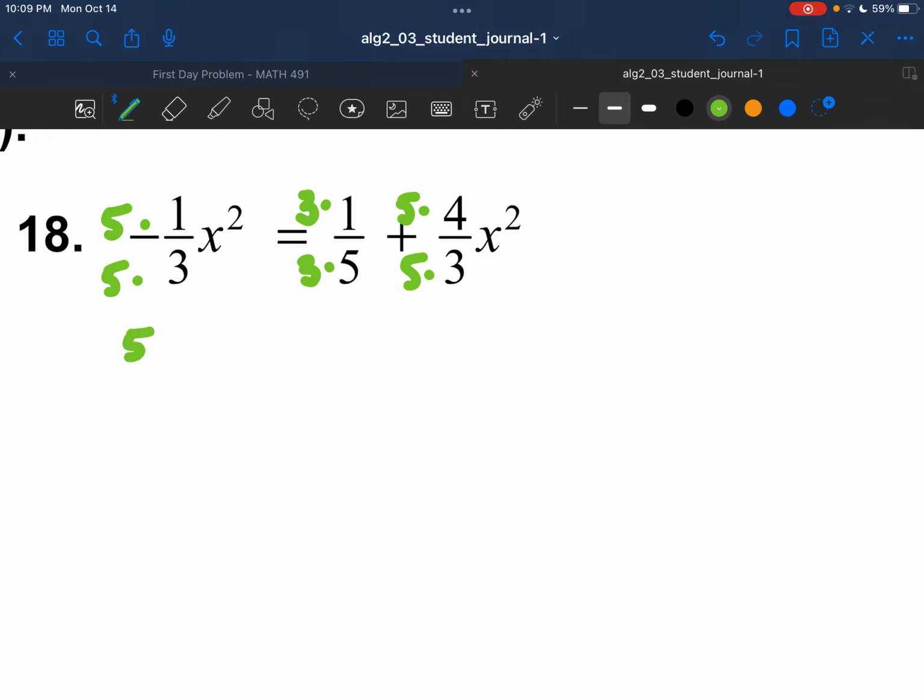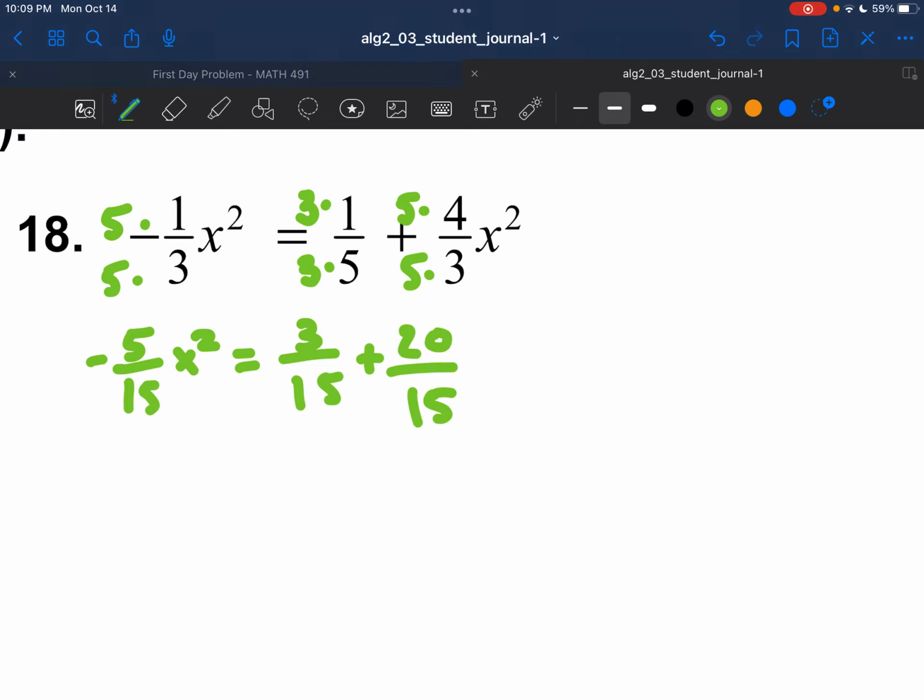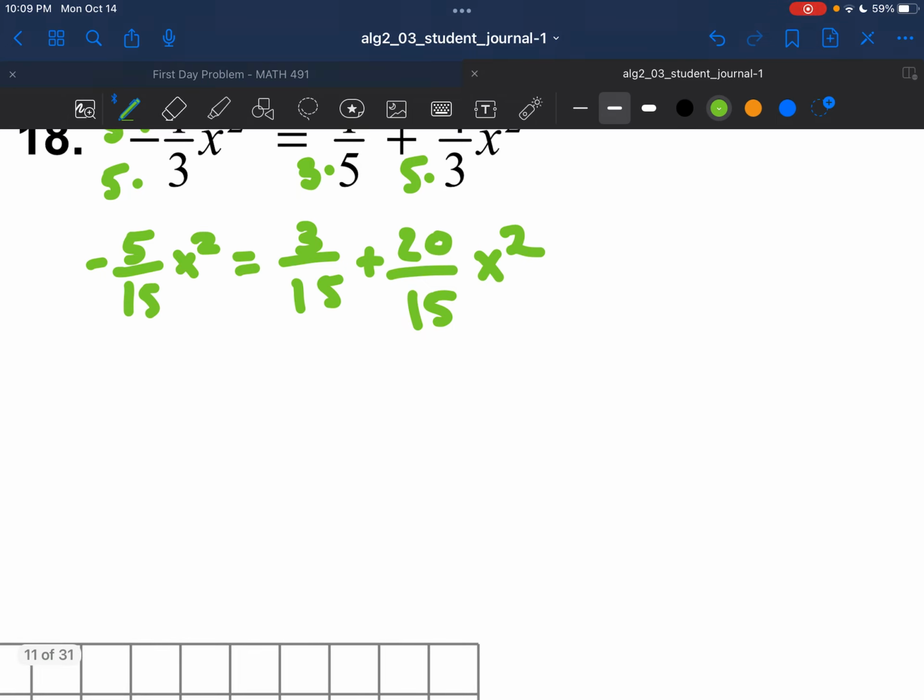Okay? So this will give me negative 5 over 15 x squared equals 3 over 15 plus 20 over 15 x squared. I'm going to go ahead and subtract 20 over 15 to the other side.